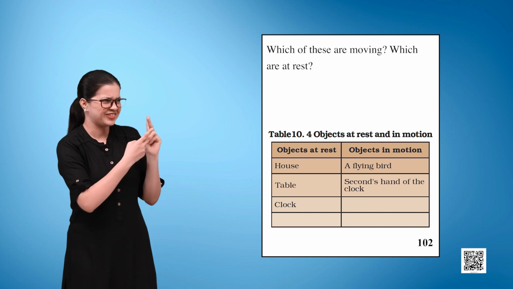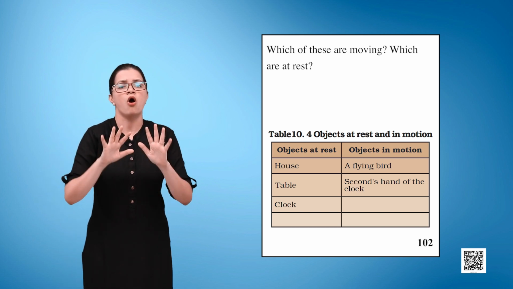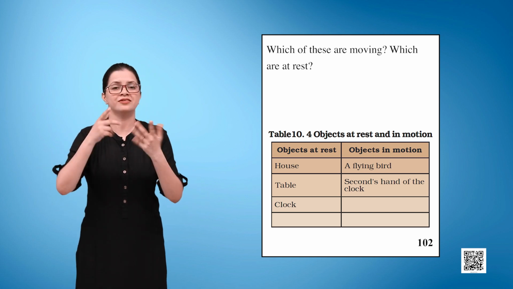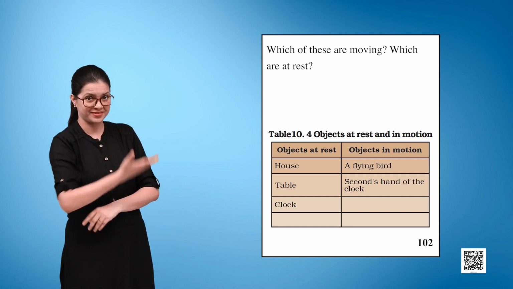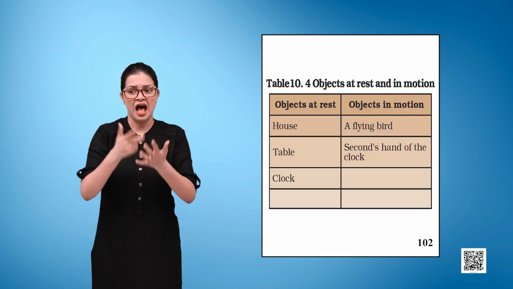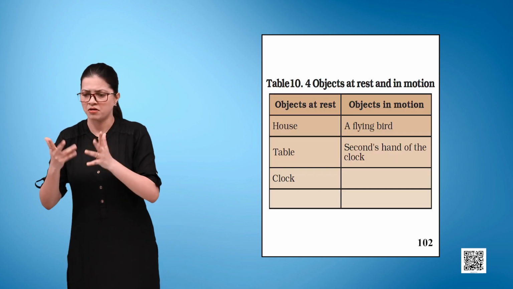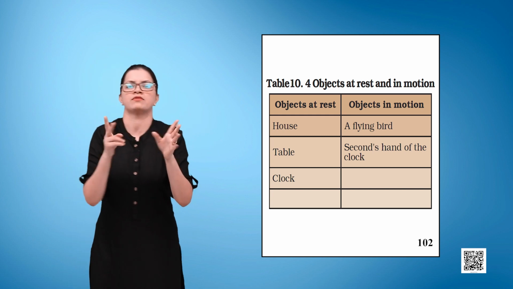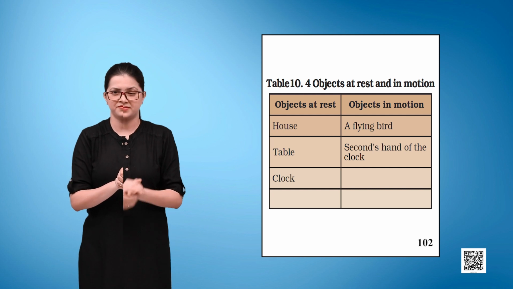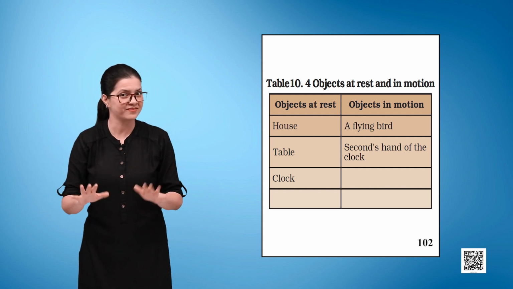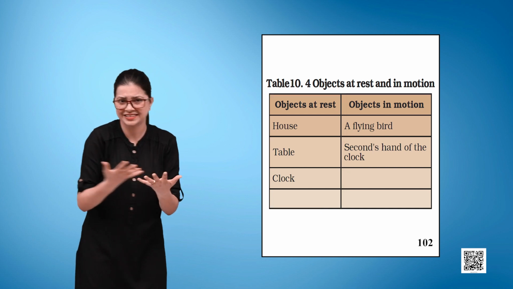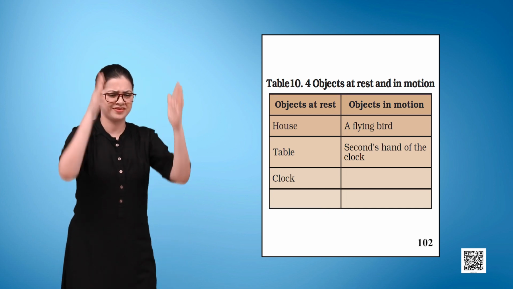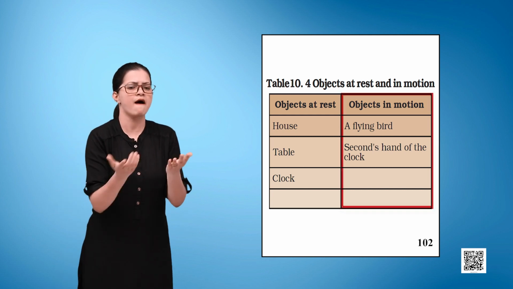Which of these are moving? Which are at rest? Here is the table given, Table 10.4, Objects at Rest and in Motion. There are two columns. One is for objects at rest, and the second one is for objects in motion.